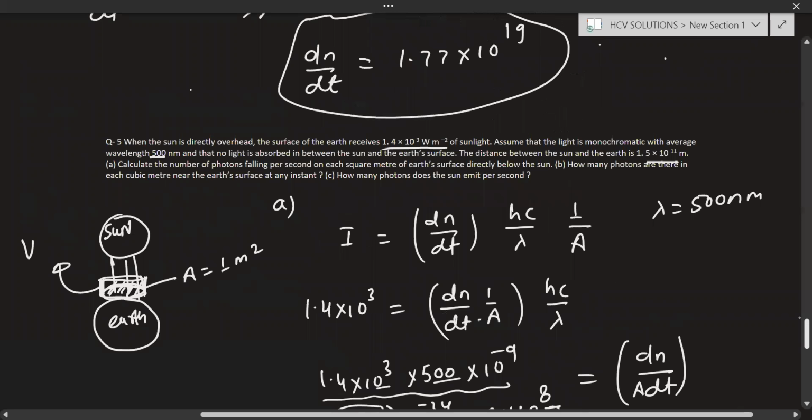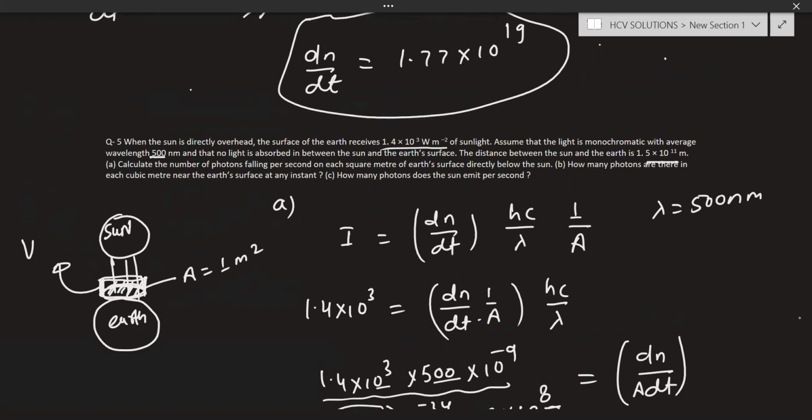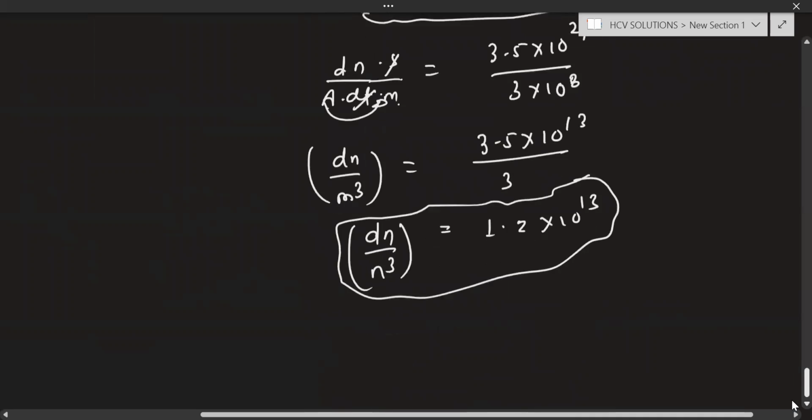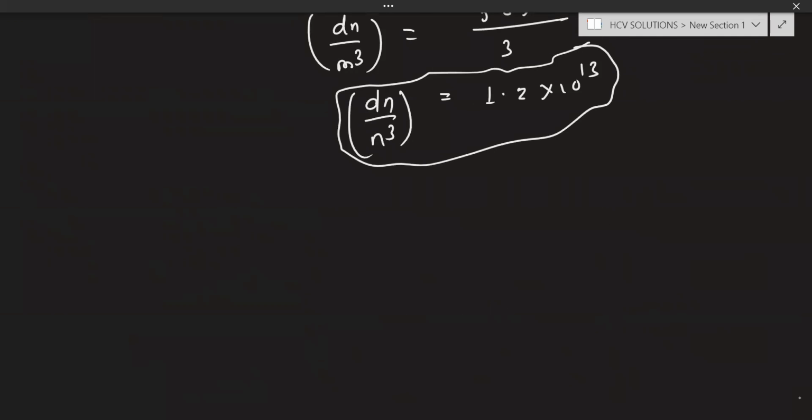Now we come to the third part. How many photons does the sun emit per second? The number of photons emitted by the sun per unit area, multiplied by the area over which the photons are distributed, gives the number emitted by the sun.